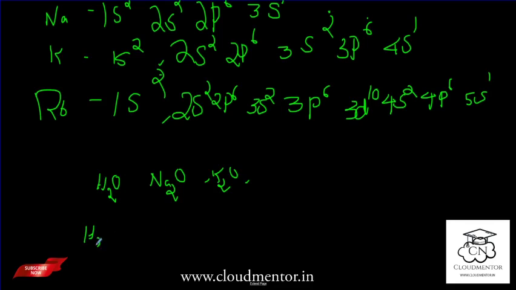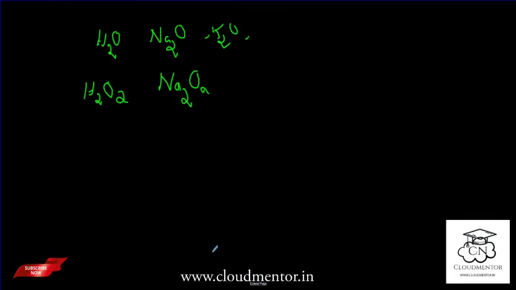Hydrogen forms the peroxide H2O2, hydrogen peroxide, and alkali metals like sodium form Na2O2, and there are many other examples also. We also know that they are good reducing agents due to their high electropositive character. Hydrogen and alkali metals are similar in these ways.